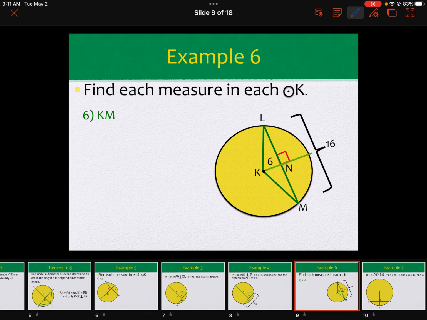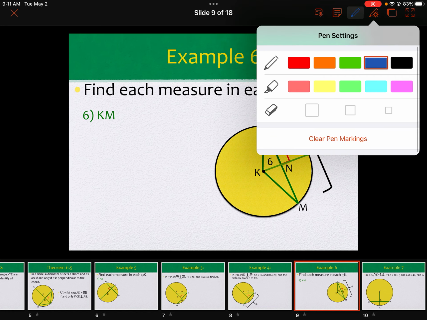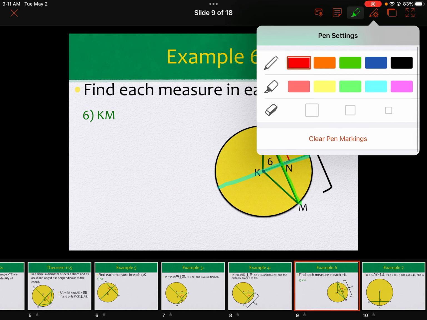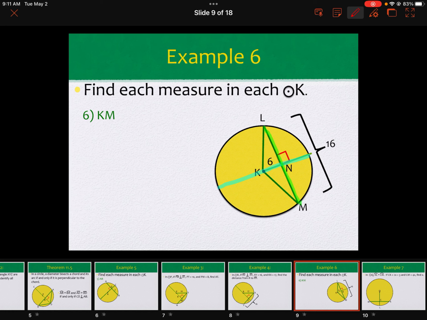Here's example 6. Let's find the measure of segment KM. That's our radius. How long is the radius? Well, that radius is part of a diameter. So I drew that on there. Segment LM is a chord. And notice how the diameter is perpendicular to a chord. That means those two pieces are the same.